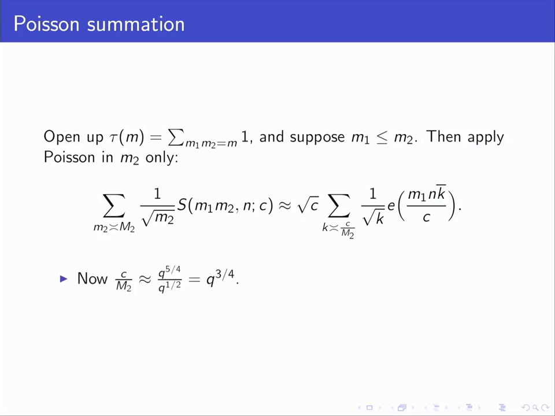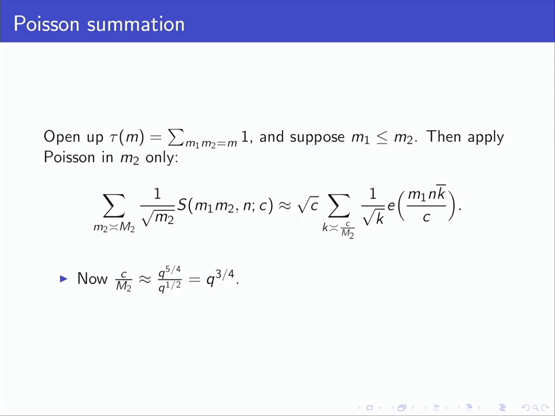We get this additive character now. So that's an improvement in terms of the complexity of the arithmetical part. And the dual sum is now C over m2. We're thinking of C as Q to the 5 over 4. OK, m2, I'm thinking the worst case is when it's Q to the 1/2. So m1 and m2, with the product, goes up to Q. I know all these variables will make you dizzy.